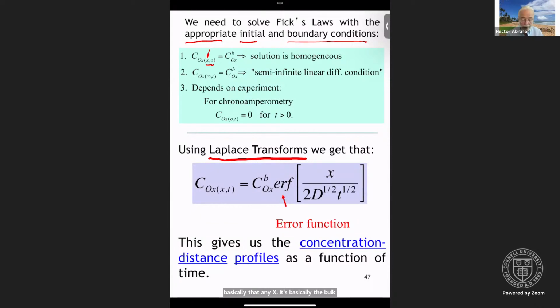This is referred to as the homogeneous solution condition, meaning if you take any sample of solution from your cell, it all has the same concentration. There are no concentration gradients anywhere. The solution is homogeneous.